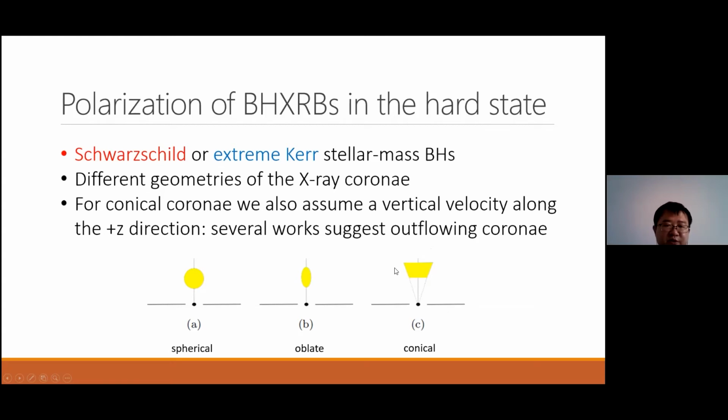And for this conical corona, we assume stationary ones, and we also model the case where the corona is moving along the vertical direction, because there were works suggesting that the corona is outflowing, as I mentioned earlier.